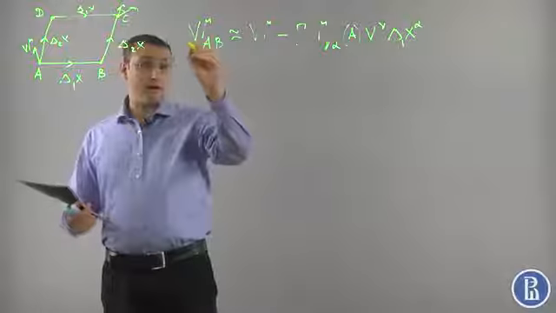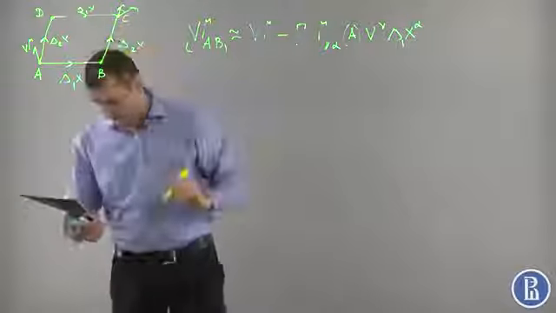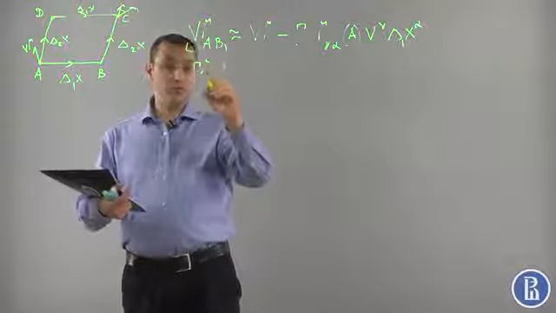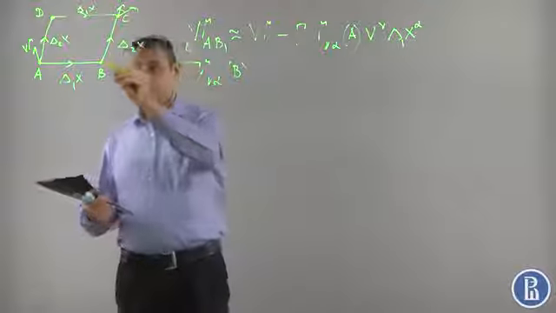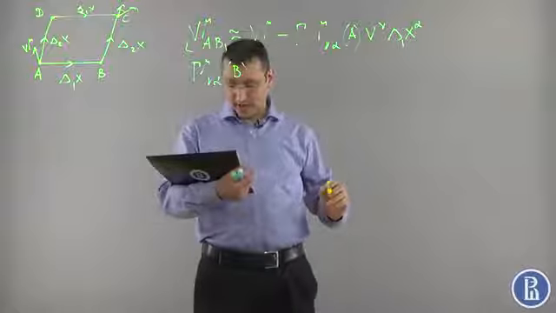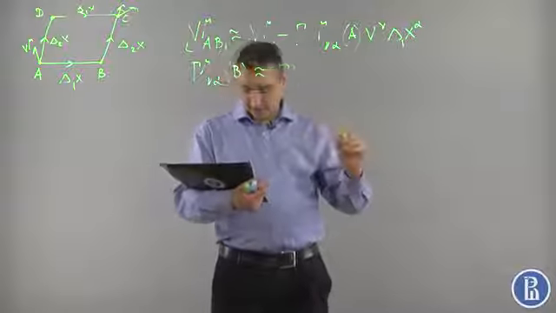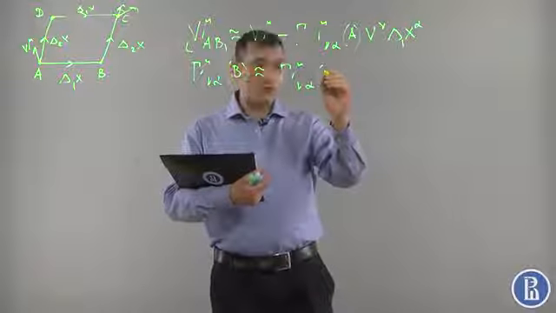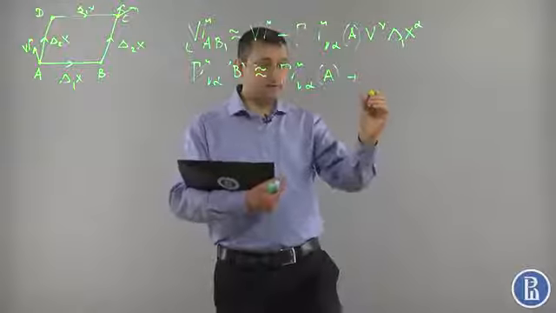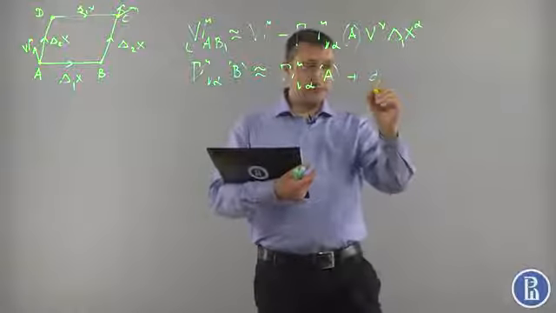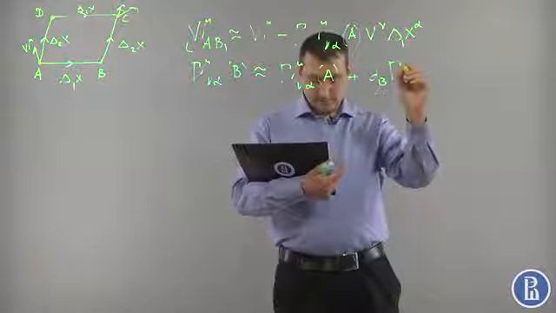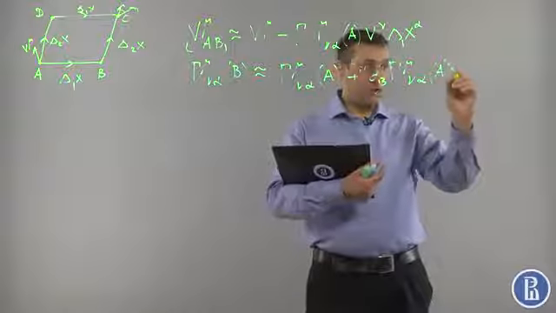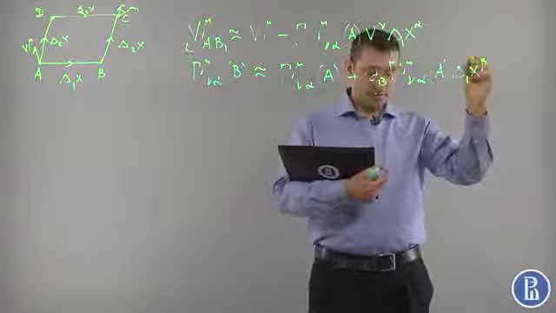Now we want to make parallel transport of this quantity along this path. To do that, we have to bear in mind that gamma mu nu alpha at the point B is not the same as gamma at the point A. It is approximately, after Taylor expansion, gamma mu nu alpha at A plus d beta gamma mu nu alpha at A delta 1 x beta.